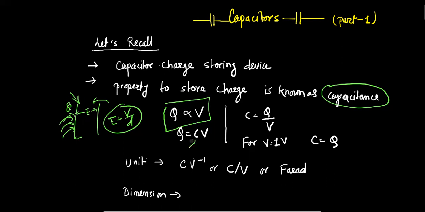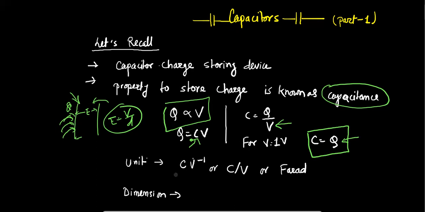Here I have replaced this proportionality symbol by this C, and this is known as the capacitance of the capacitor, and it can be written as Q by V. If we take potential to be 1 volt, then the capacitance of a capacitor is numerically equal to the amount of charge stored in the capacitor. So this is all about the capacitance.